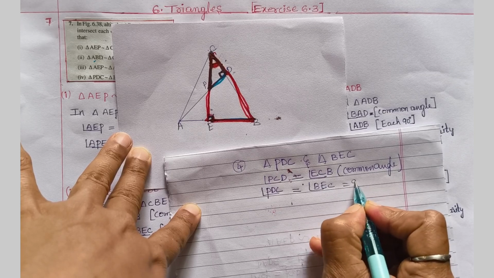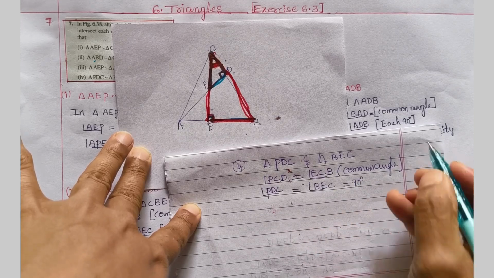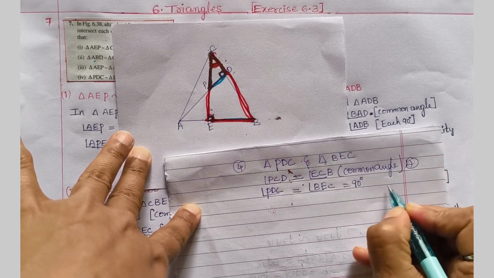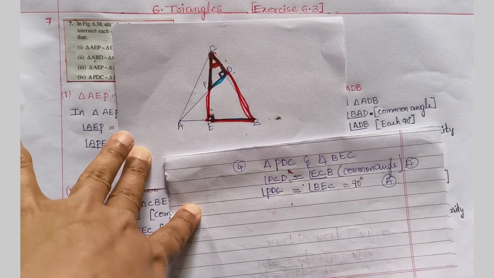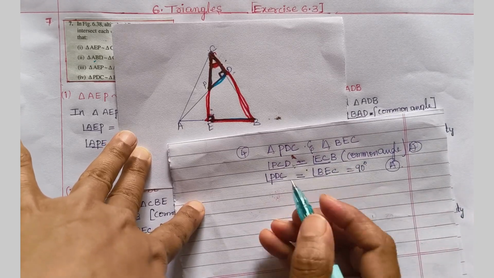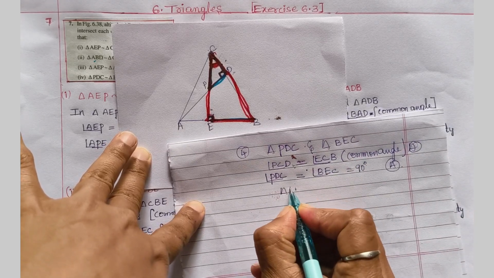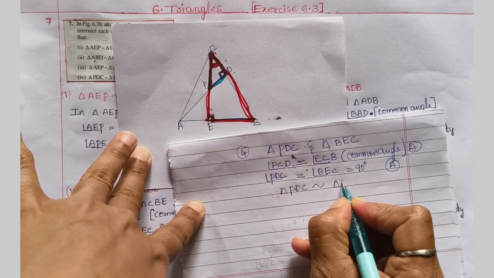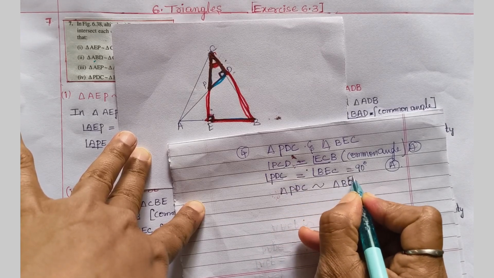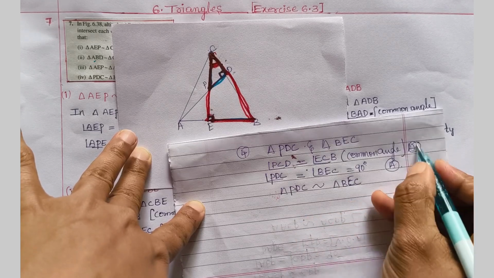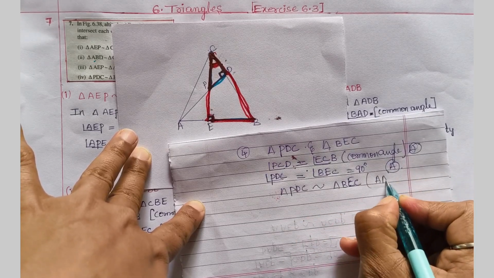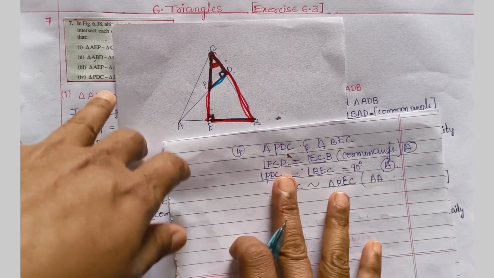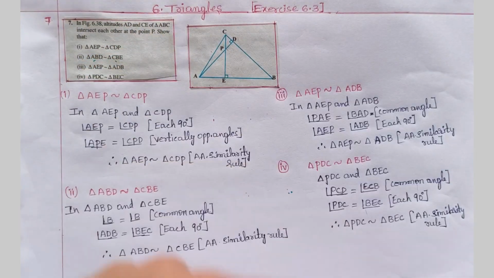Both are equal. What is the reason? Both are 90 degrees. So here one angle equal, here also one angle equal. These two triangles are similar. Write here: triangle PDC is similar to triangle BEC. What is the reason? By the angle similarity criteria, these two triangles are similar.